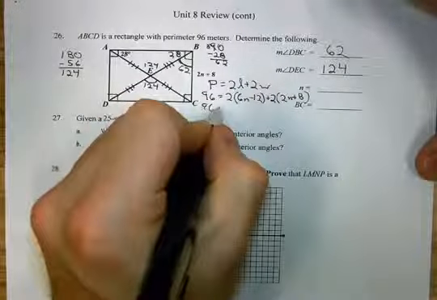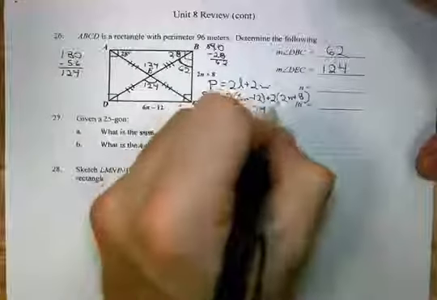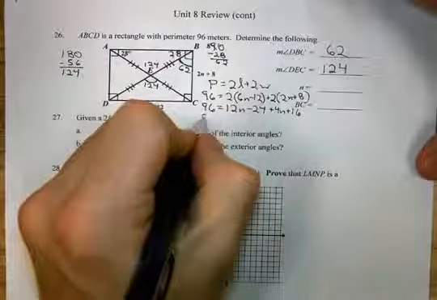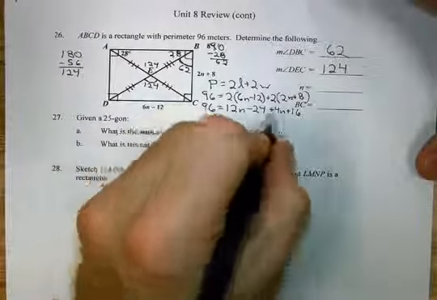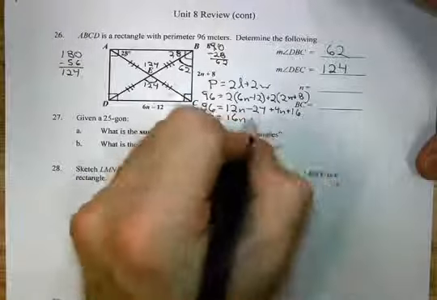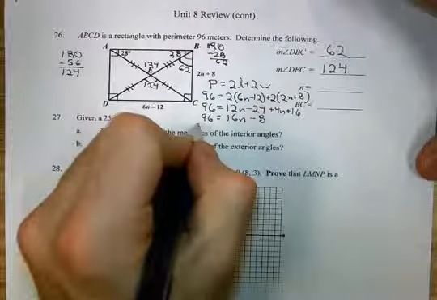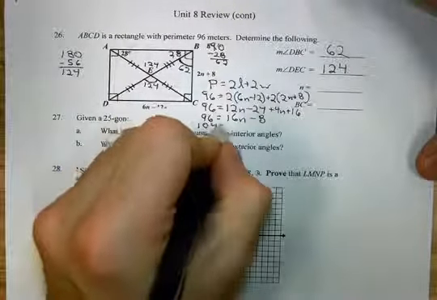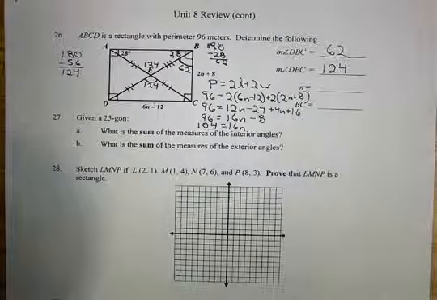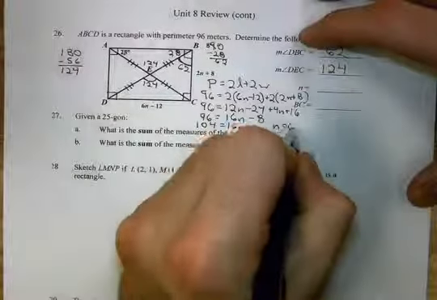That gives us 96 equals 12n minus 24 plus 4n plus 16. Simplify that further: 12n and 4n is 16n, negative 24 and 16 is negative 8. I'm going to add 8 to both sides, and that gives me 104 equals 16n. I'm now going to divide 104 by 16, and I get that n is 6.5.